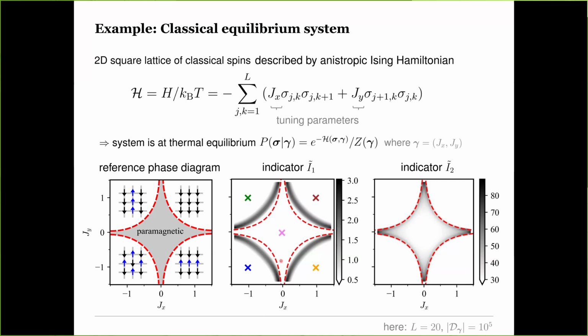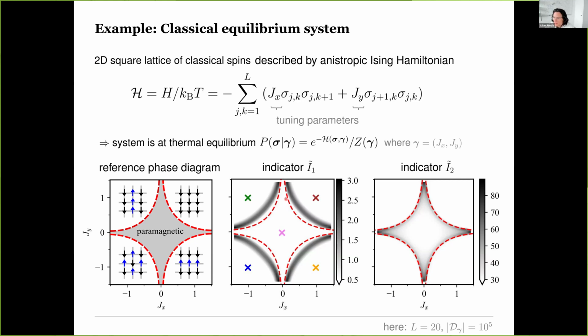The methods still bring you value, because it might be the case that you don't know the phase boundary exactly, or you can refine your guess by using these methods. But the location of these crosses really needs to come from outside, from some prior knowledge.